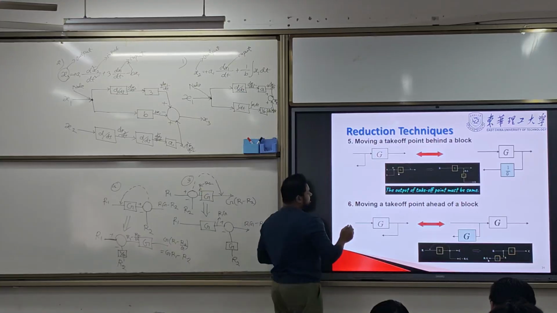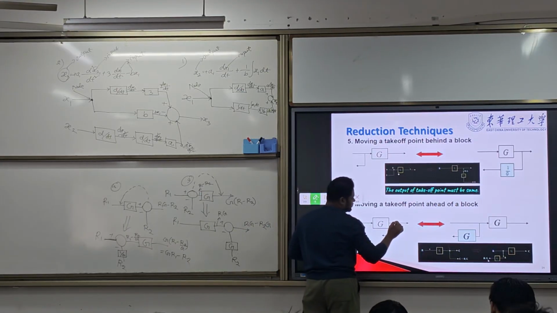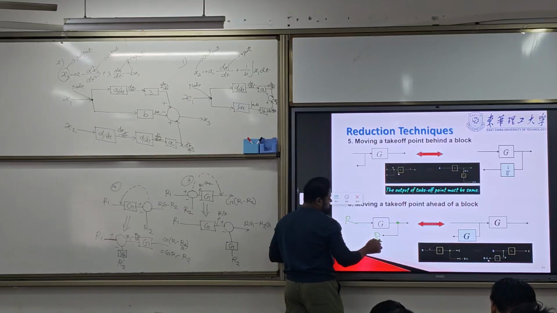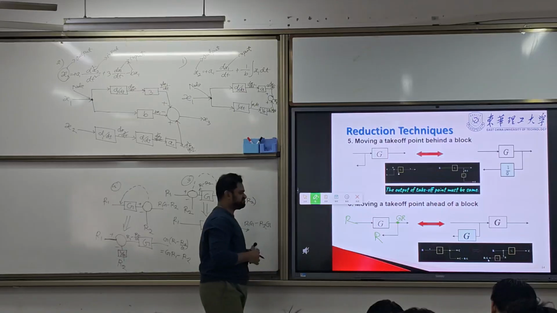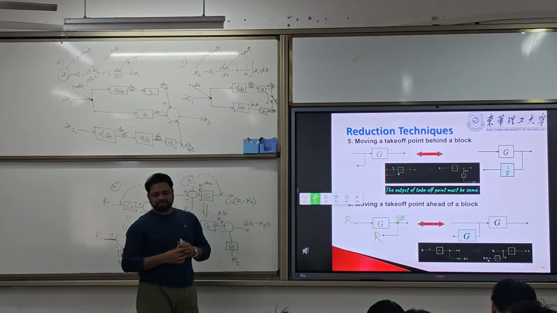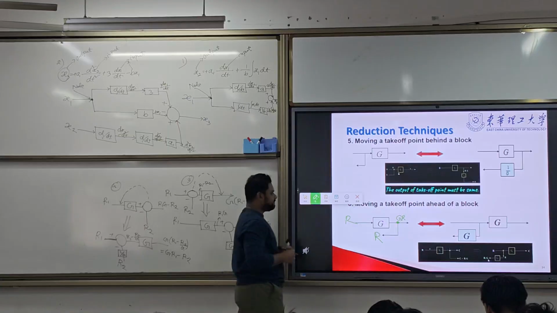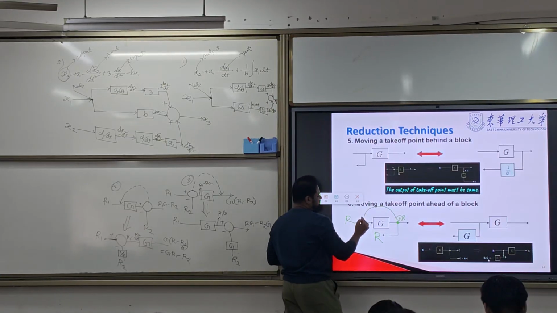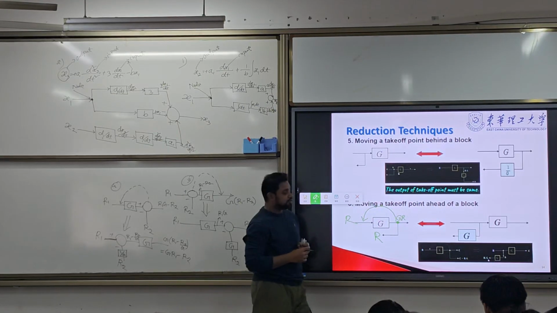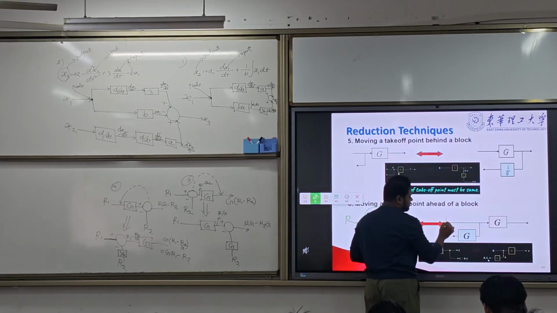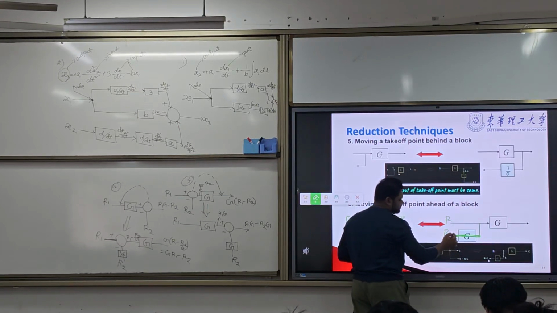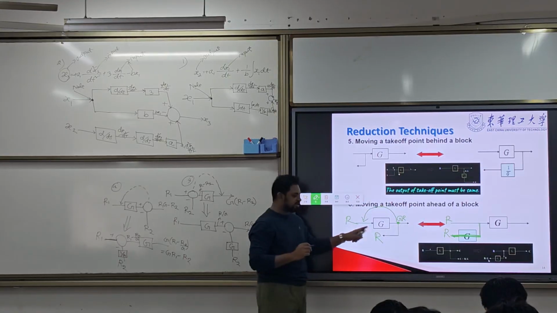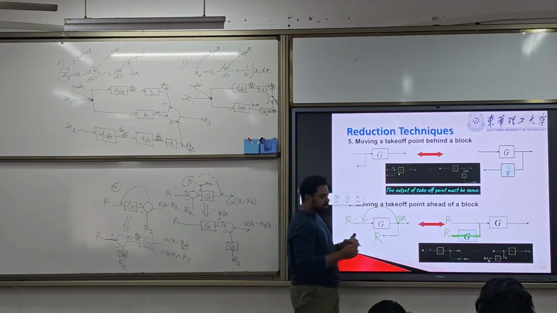Suppose I have a takeoff point here. Now, here we have R, so this will give you a value GR. That is the takeoff point output. Now, if I want to move this before the block, suppose here we have R. I am considering there is no G before, because it is just R. Now, what is the takeoff point output here?